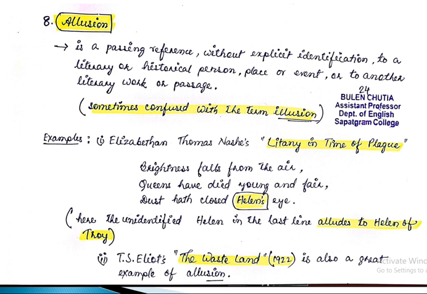Okay, now see, if you do not know who Helen was, or where Helen exists, then you will not be able to understand this kind of reference. So allusion is made not to the ordinary reader.